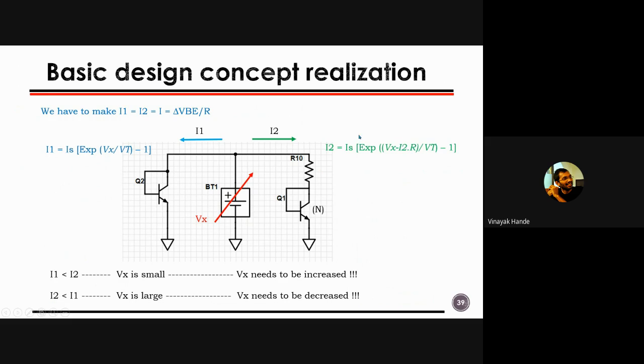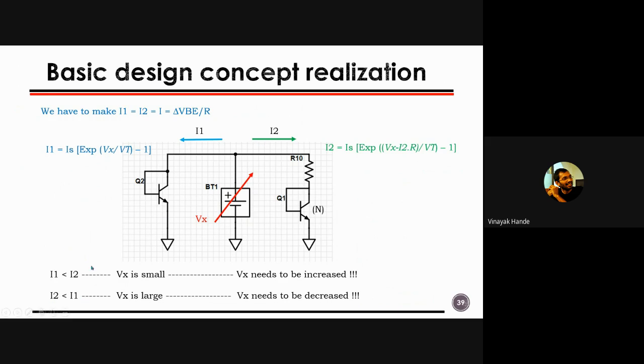That means what we are trying to establish is that if I am varying Vx from 0 to a very, very high value, initially I1 will be smaller and over time I1 will be larger than I2, right? Then in English what we can say is that there is some potential for Vx where I can have the chance to get I1 equal to I2, right?